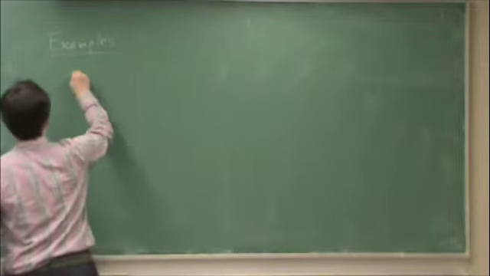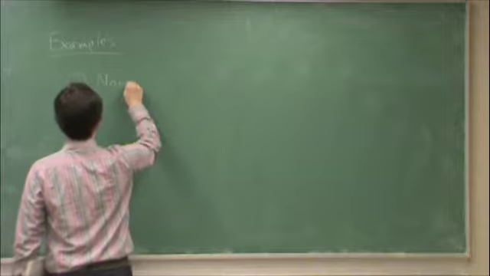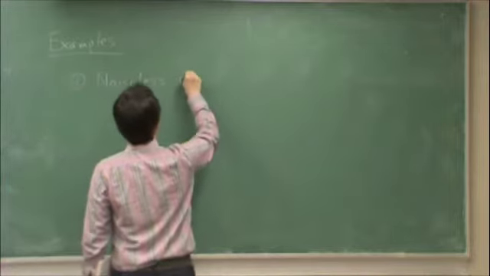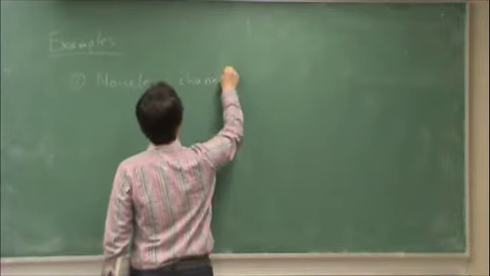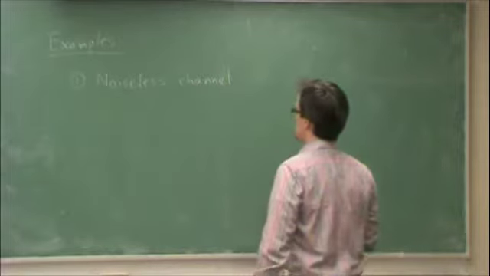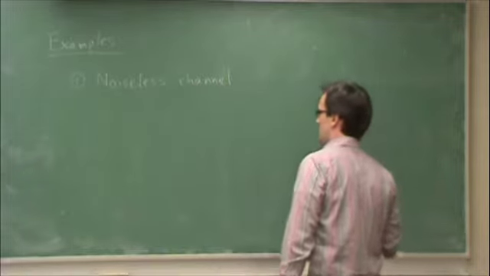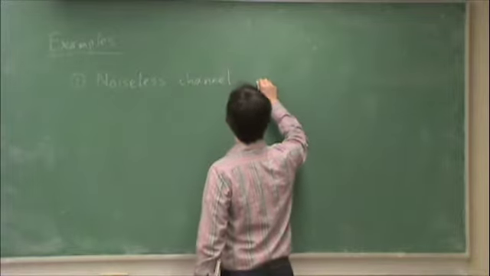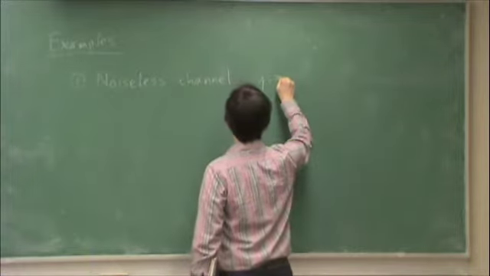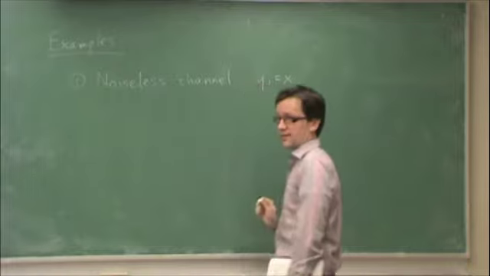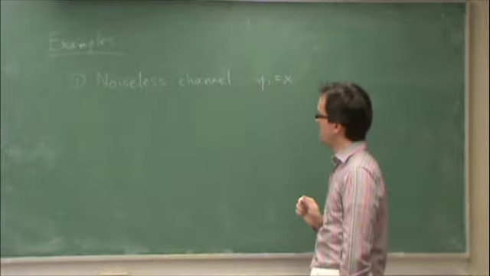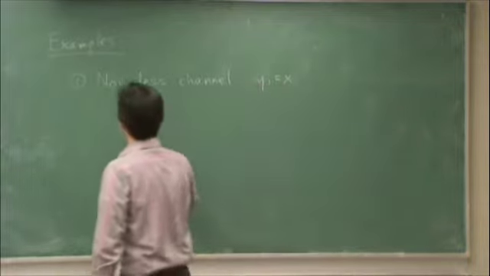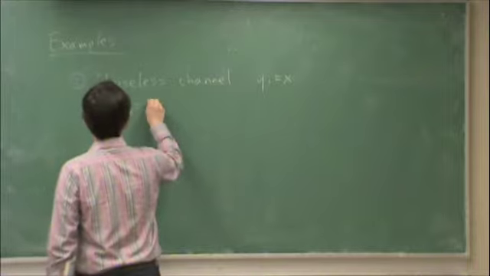Example 1 will be a noiseless channel. So in a noiseless channel, in other words, my channel outputs yi are always equal to the channel inputs xi. So let's let Sx be binary.